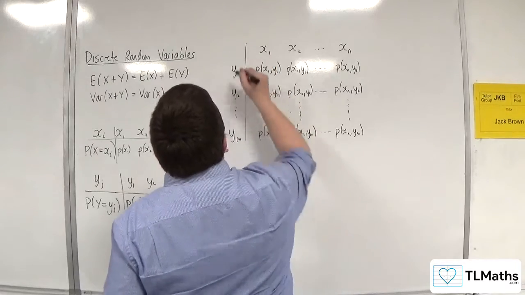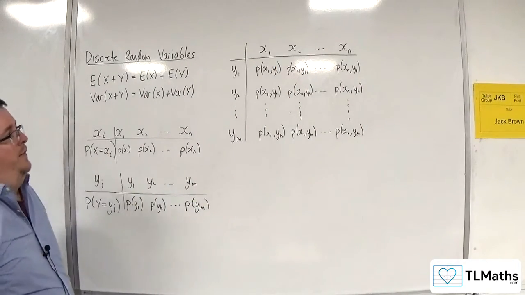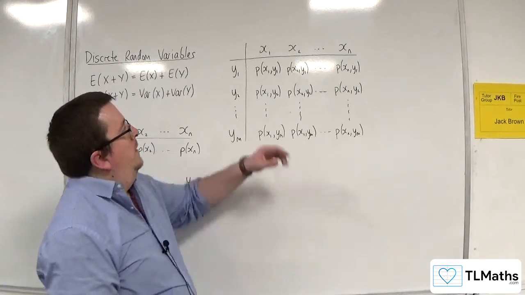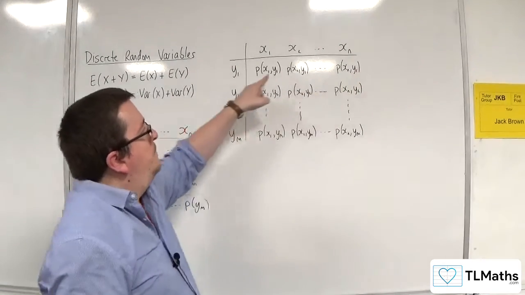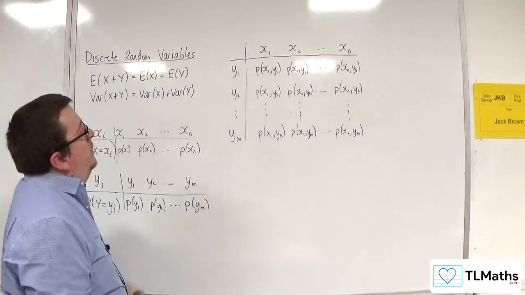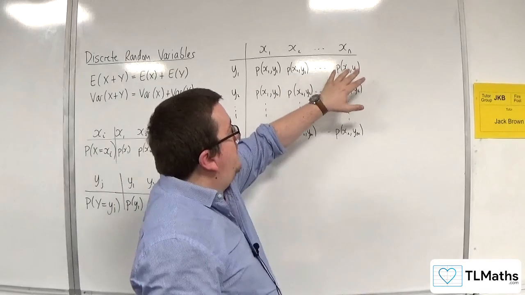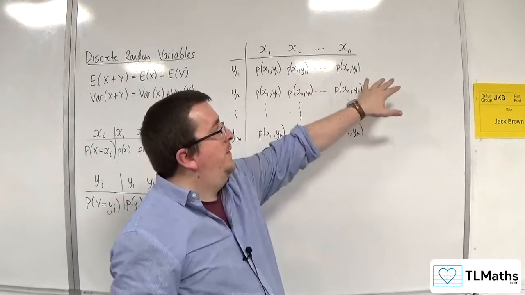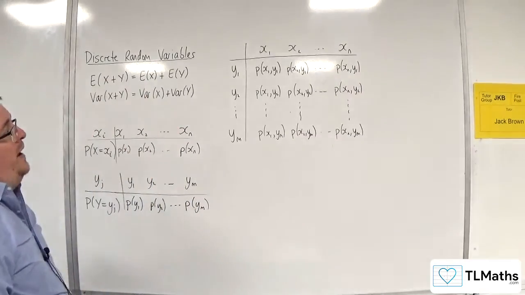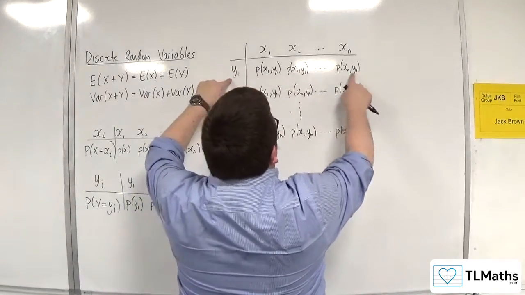So we've got this big table here of all our probabilities. Now, over here, if I were to add all of those together, so p of x1, y1, p of x2, y1, p of x3, y1, etc., all the way up to p of xn, y1, that would be the same as having the probability of y1.